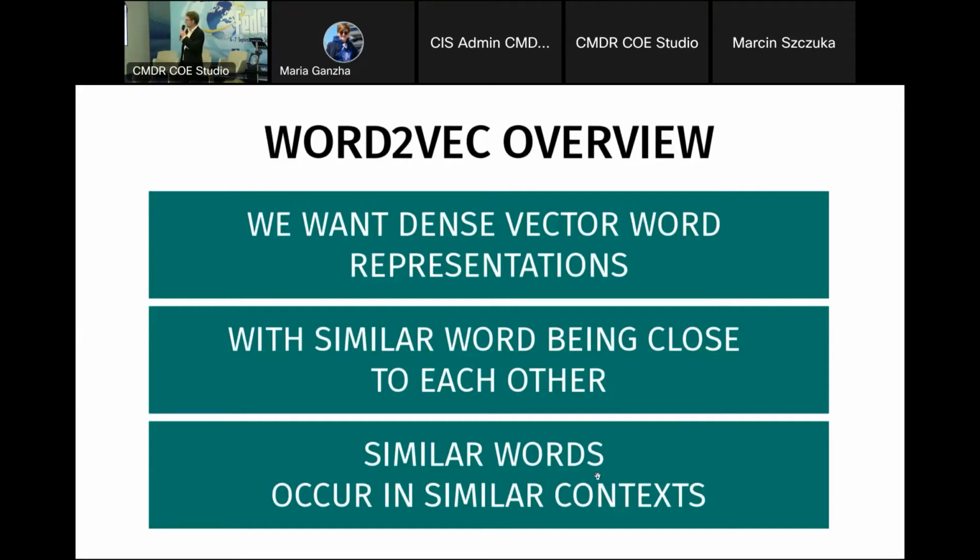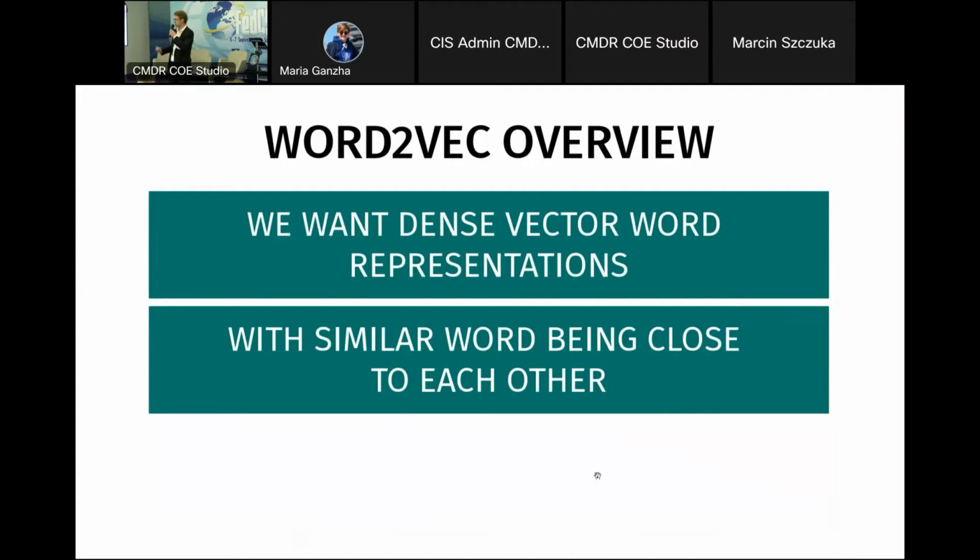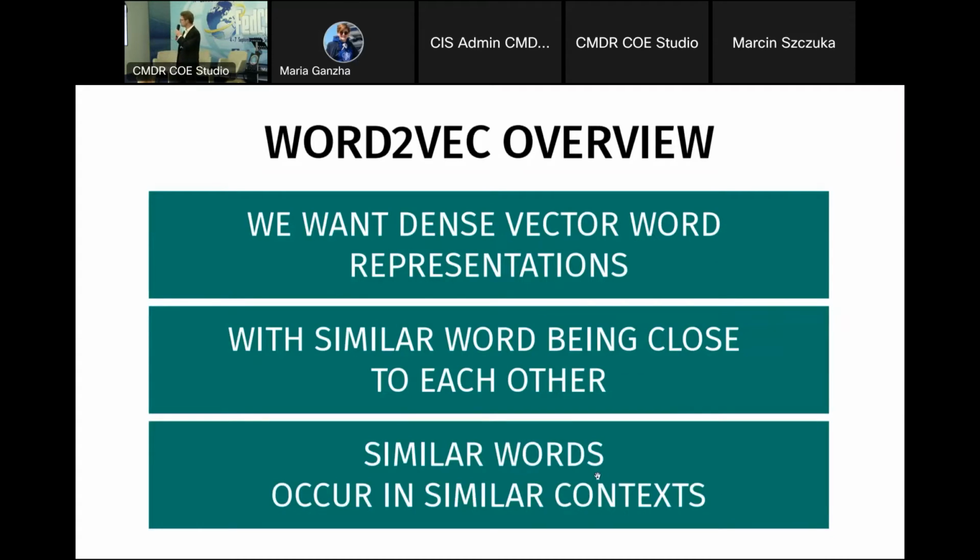The basic idea of Word2Vec and other embedding methods is that we want to represent tokens such as words using dense vectors. Ideally, we would like to have these vectors be similar if they represent similar words, similar in terms of quote-unquote meaning.